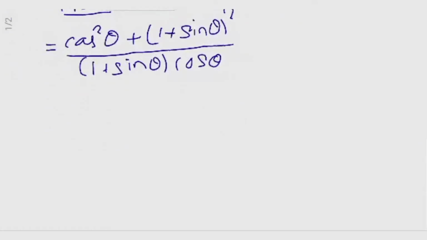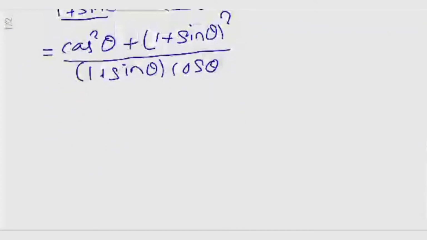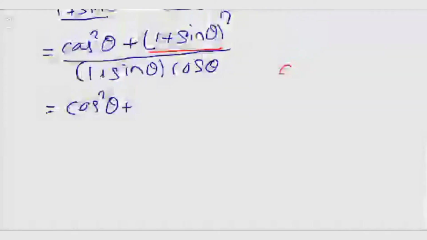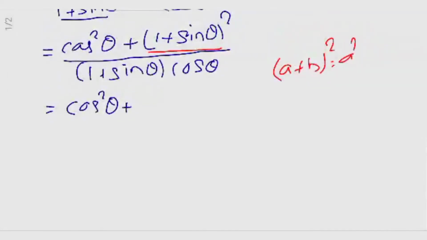So now here cos square θ as it is, here (1 + sin θ) whole square is in the form of (a + b) whole square. So expand this one, this becomes a square plus b square plus 2ab.